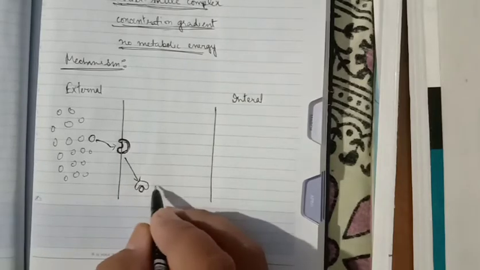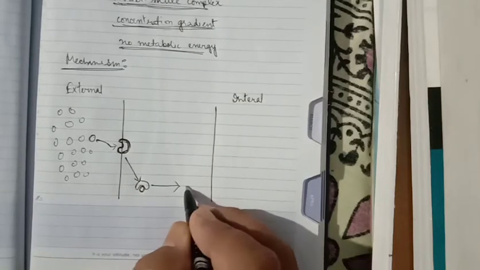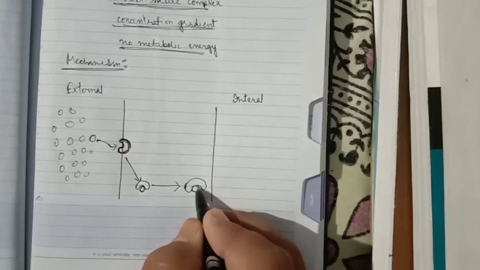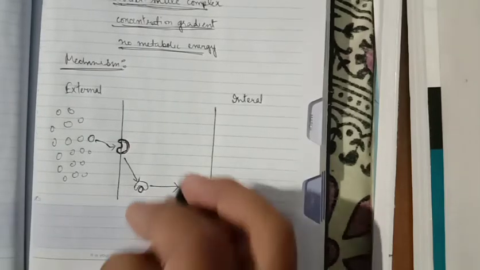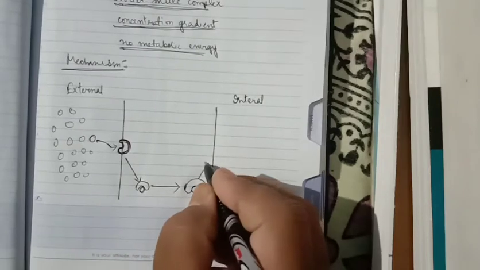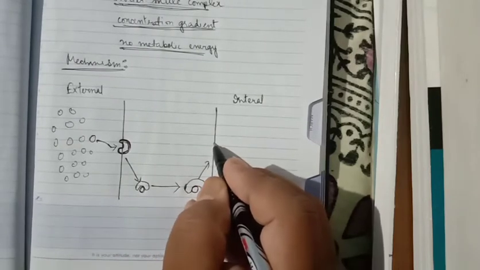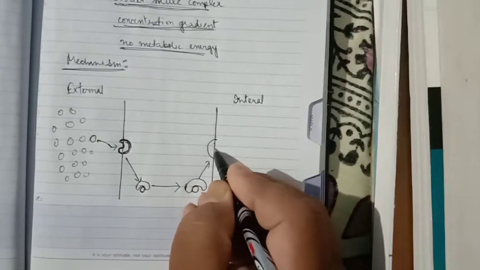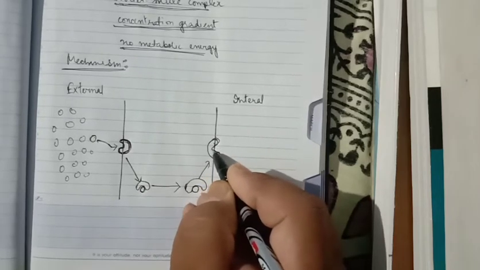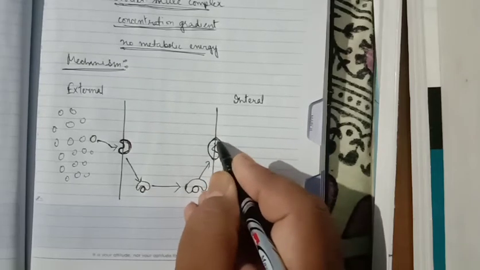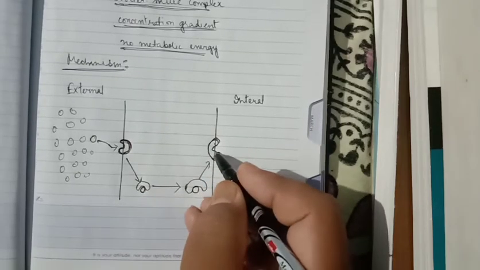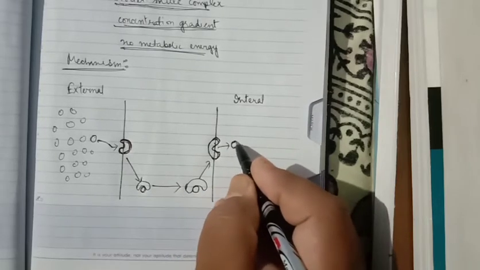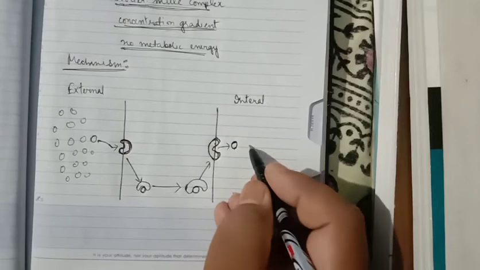Then they move through the membrane and reach the internal side, and the configuration of the protein carrier molecule changes, and it releases the solutes or metabolites inside.